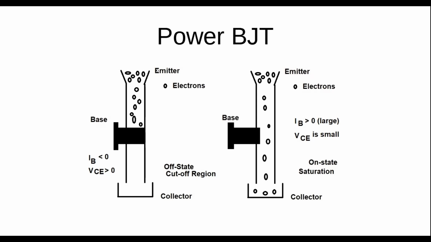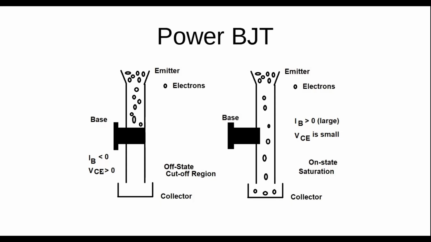So the electrons are emitted, they come down, and then depending on the case, for the first case, the base current is less than 0, but remember, we're keeping VCE at a positive value. We're doing that so that the electrons are attracted from the emitter towards the collector.